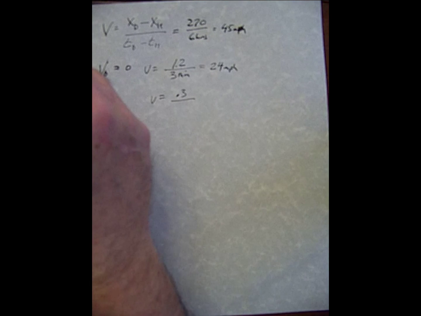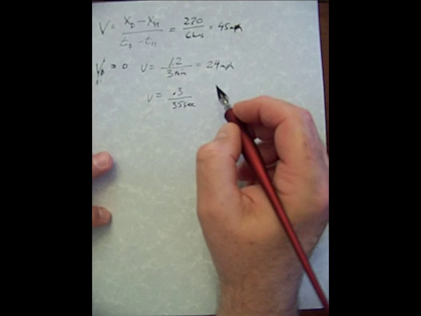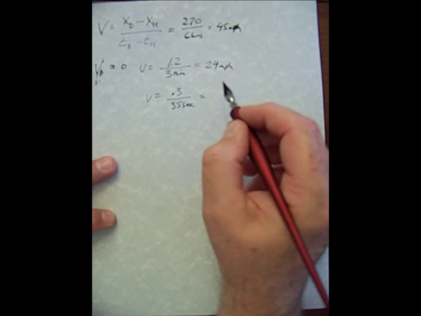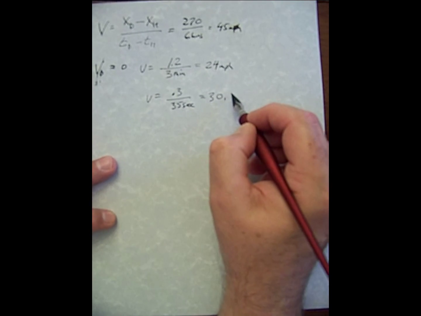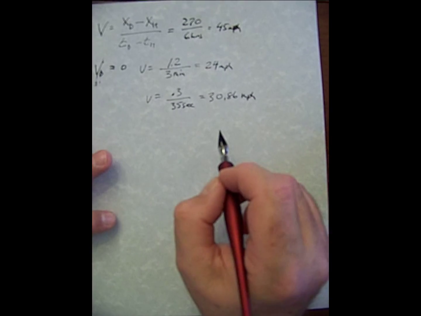And I might find that I can do that in 35 seconds. Then if I do the math and conversions, I find out that that's equal to 30.86 miles per hour.